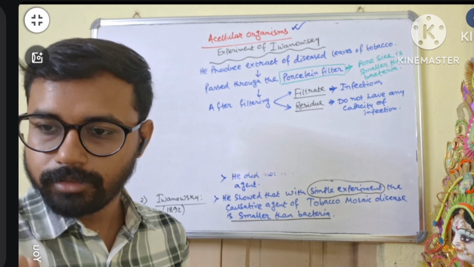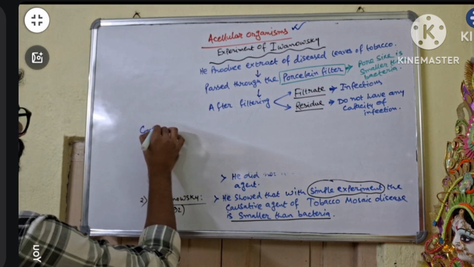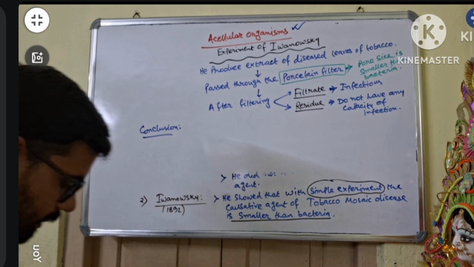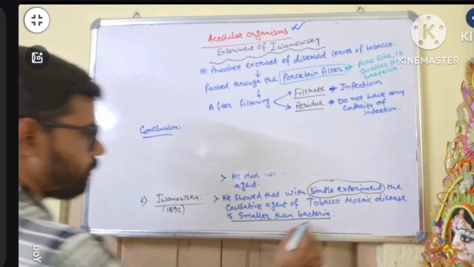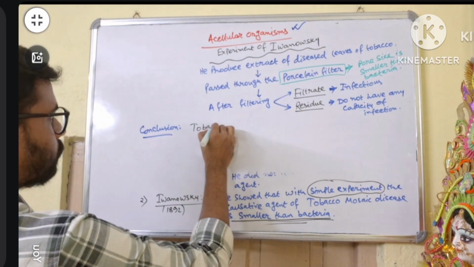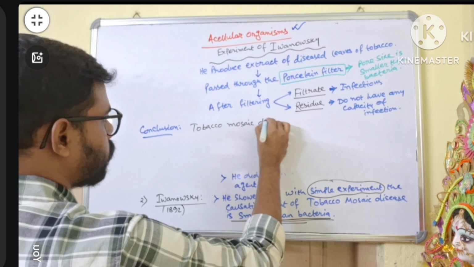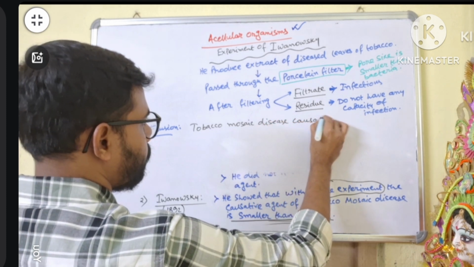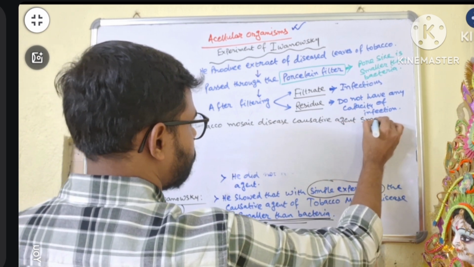Yes or no, okay? So the conclusion from this experiment: Ivanovsky clearly concluded that the causative agent of tobacco mosaic disease is smaller than bacteria, that we have written here.